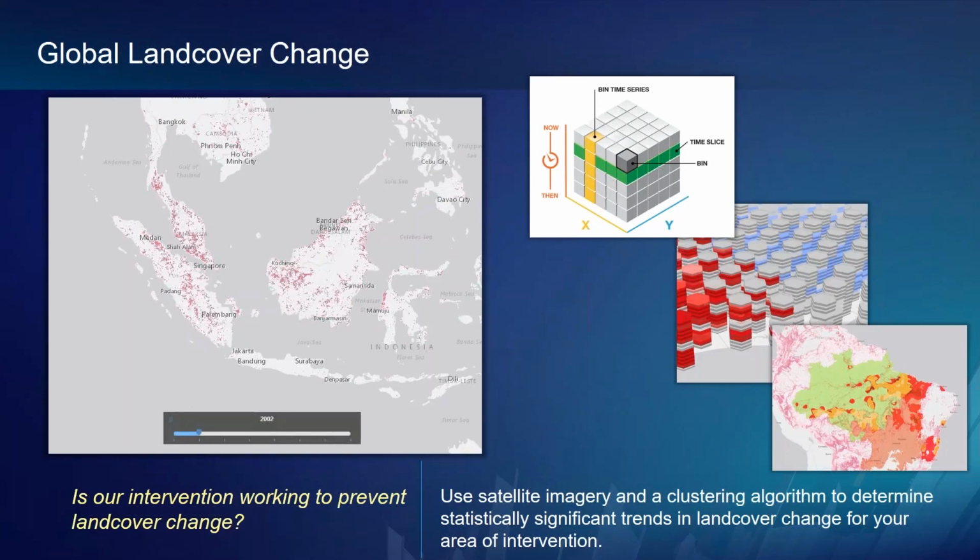And with that imagery, what we're able to do is get an indication of land cover change over time. So we can see in the animation to the left, we start off from a period of about 2000 to 2014, and we can see the cumulative forest loss over a given area. So this is an important data point, but what does it mean?